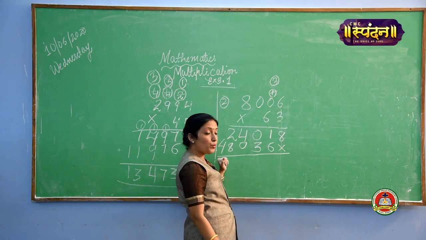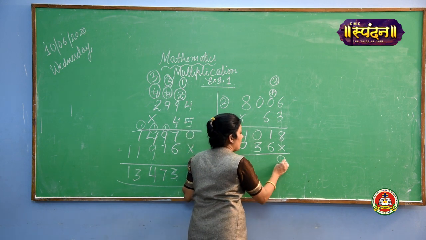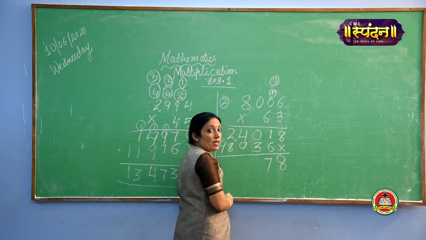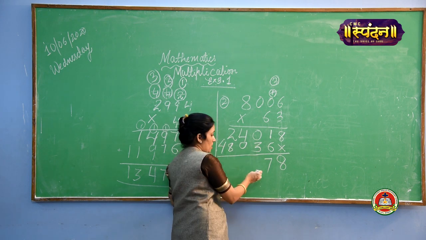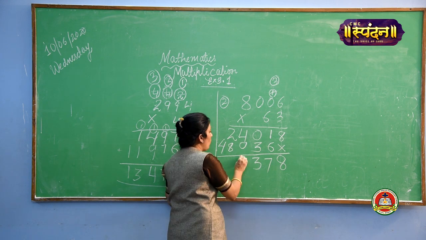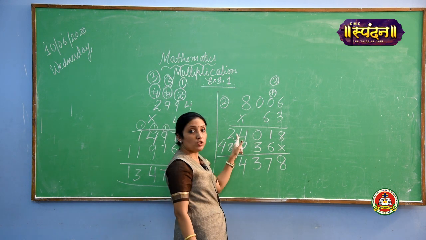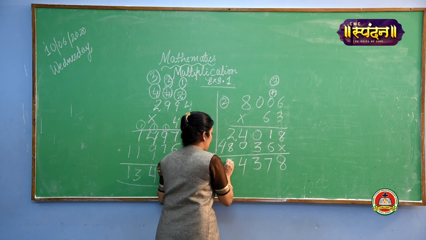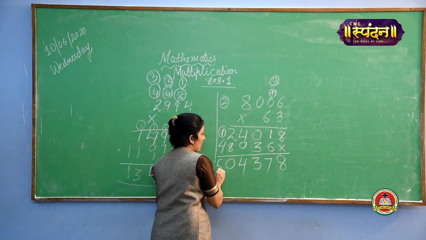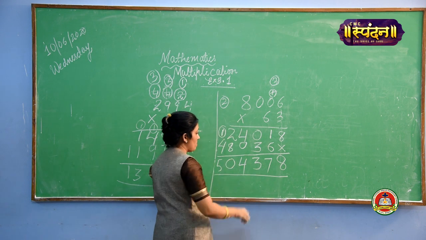Add. 8. 6 plus 1 is 7. 3 plus 0, 3. 4 plus 0, 4. 8 plus 2, 10. 4 plus 1, 5. See, again we have got a large number.